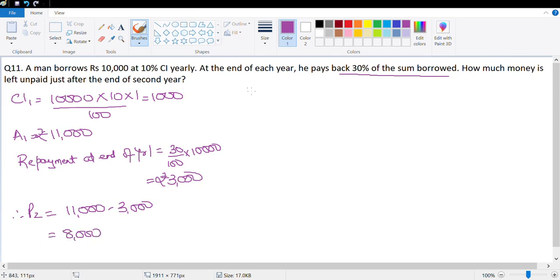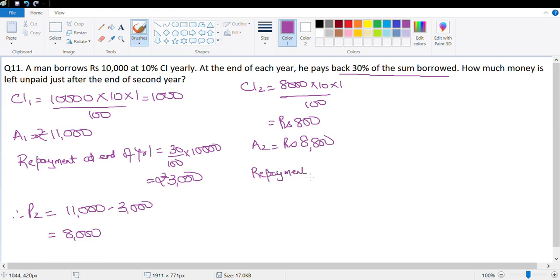Let's calculate compound interest for year 2. That will be 8,000 into 10 into 1 upon 100, which is equal to rupees 800. Which means amount 2 would be equal to rupees 8,800. That's 8,000 plus 800. Again, repayment 2, which would be at the end of second year, would be 30% again.